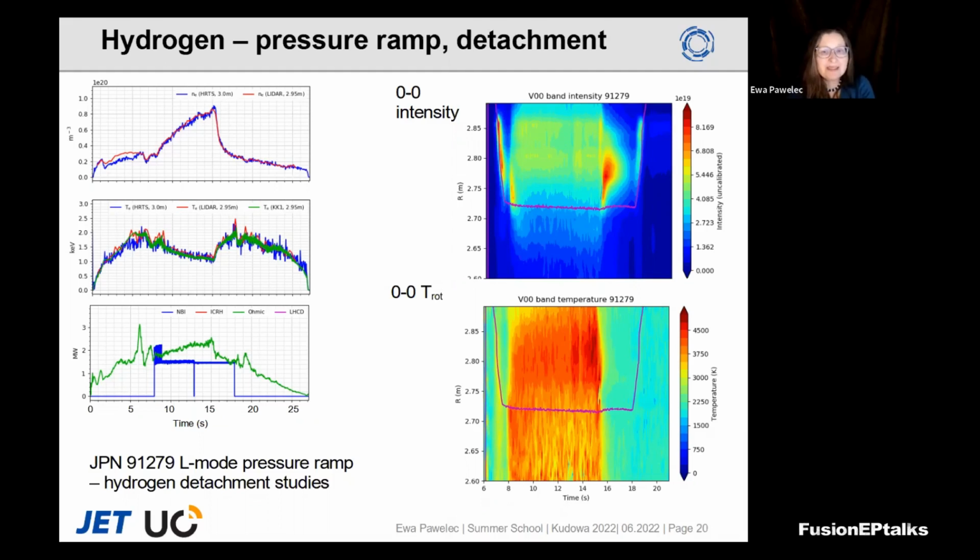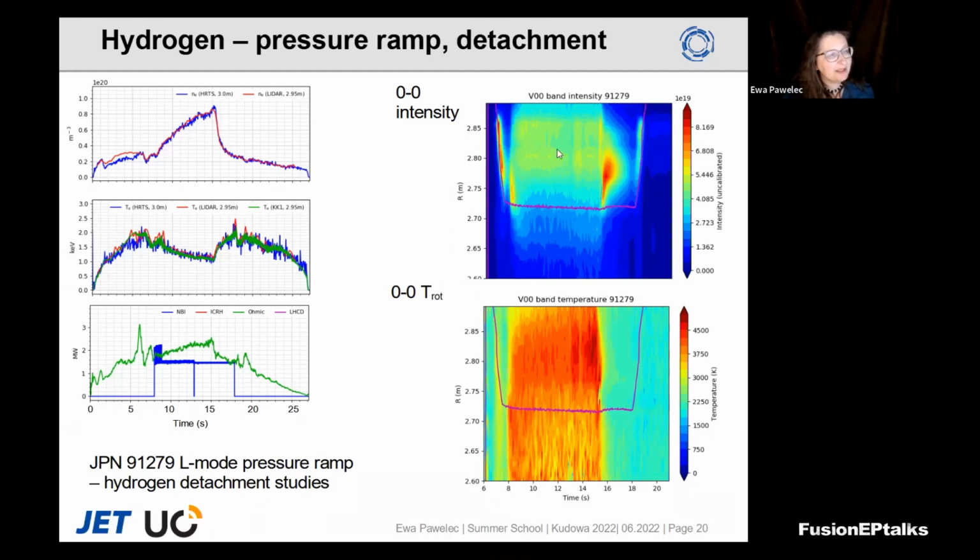So the idea is that if we have very strong pulses, very high energy pulses, we want to get the detachment in the divertor, so a buffer in the divertor that will be stopping those ions. And it looks that the intensity of the Fulcher bands in the divertor is strongly dependent on density, but not in any linear way.